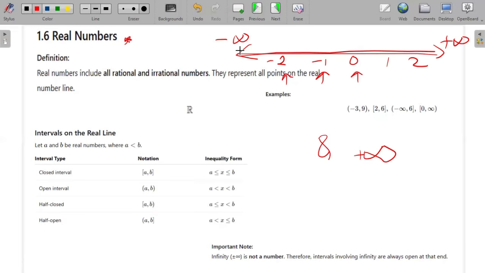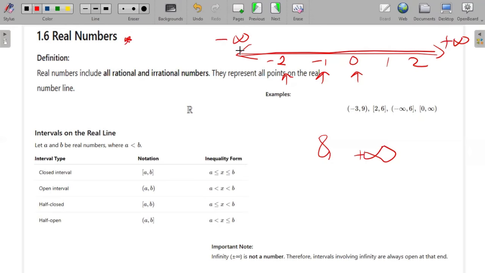All right, so what is important about the real numbers is that since they contain all the points on the real number line, it will be very important for us to represent these real numbers in what we call intervals. Intervals are like the limitations of how many real numbers we are going to consider.